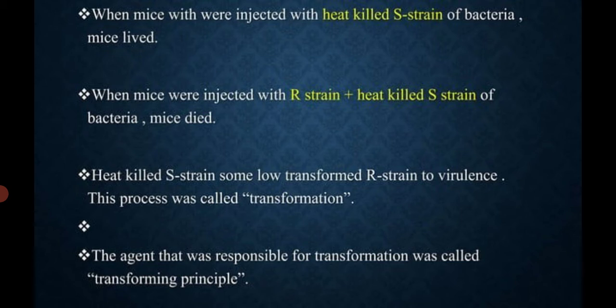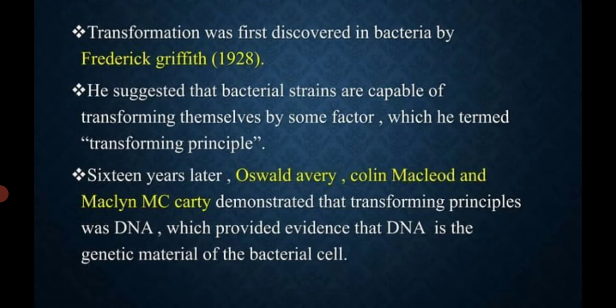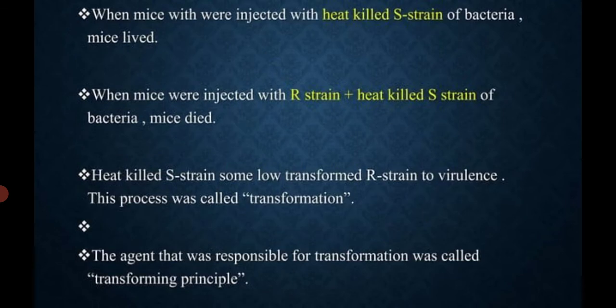That means the heat-killed smooth strain transformed the R strain, and the R strain became virulent. This process is called transformation, and the agent responsible for transformation was called the transforming principle.